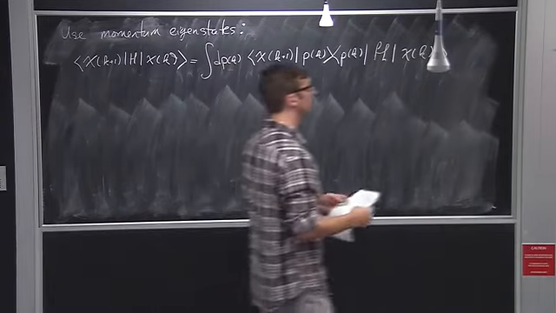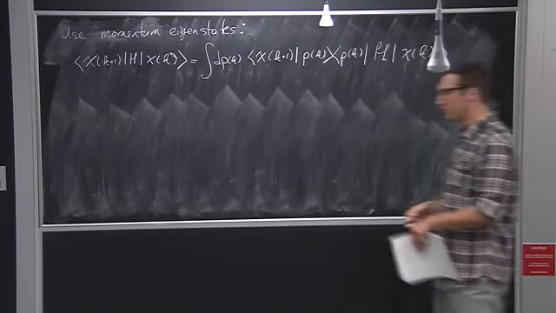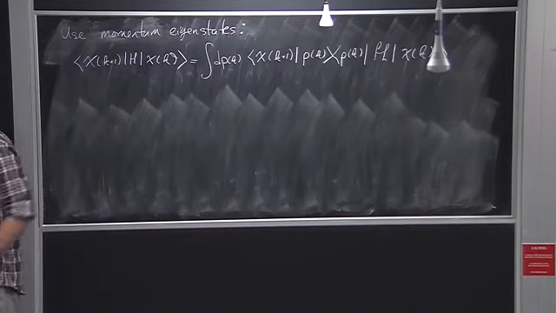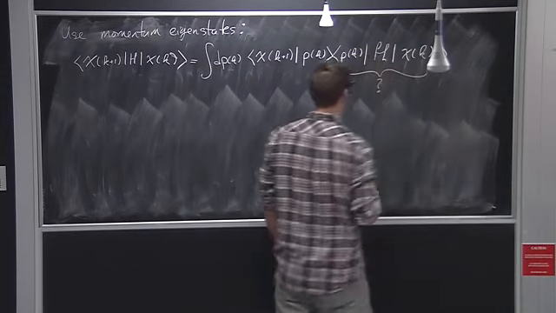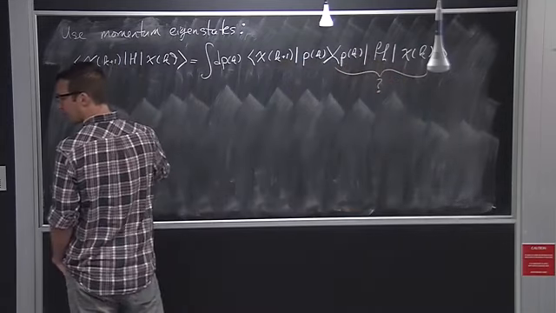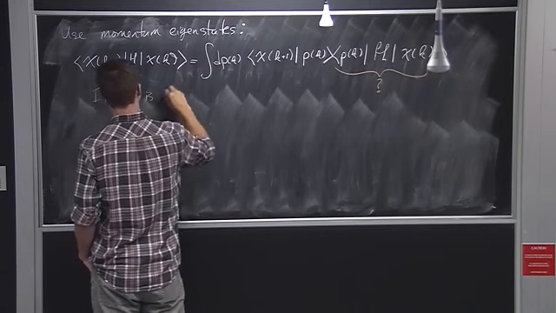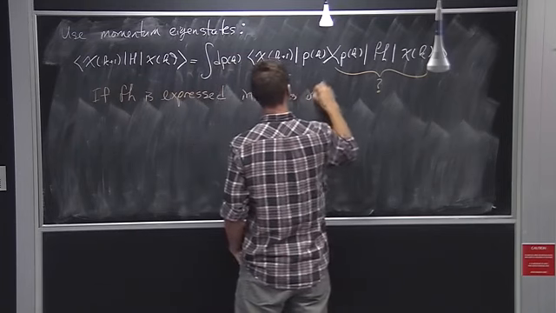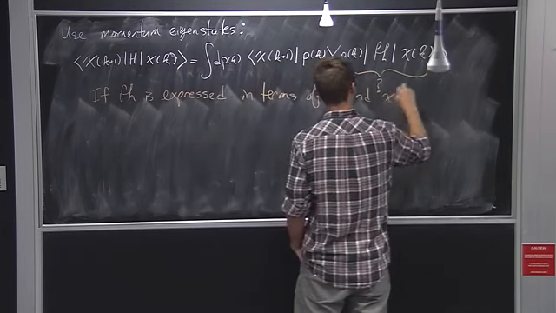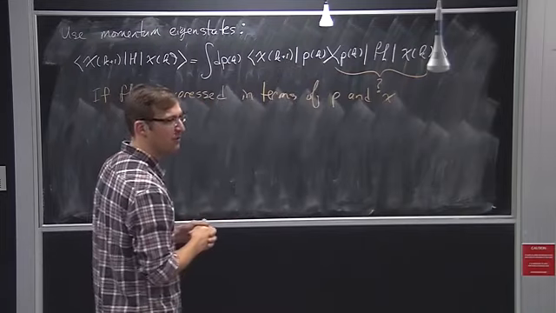In this case, having a momentum state around helps us because we can assume the single particle Hamiltonian is written in terms of P and X. So P squared over 2m, maybe, for kinetic energy, plus potentials that depend on the spatial position.